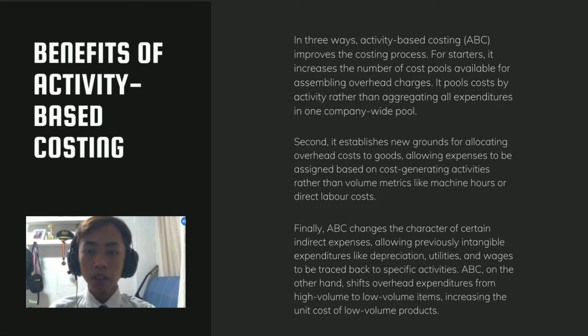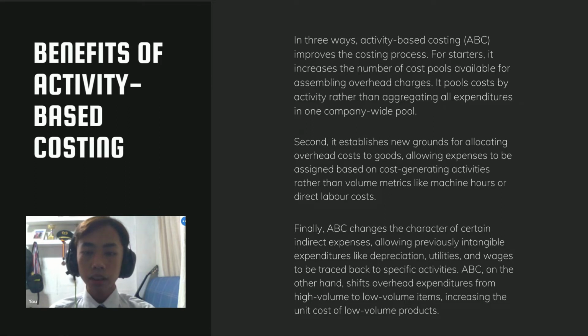Benefits of activity-based costing. In three ways, activity-based costing improves the costing process. For starters, it increases the number of cost pools available for assembling overhead charges. It pools costs by activity rather than aggregating all the expenditure in one company-wide pool.